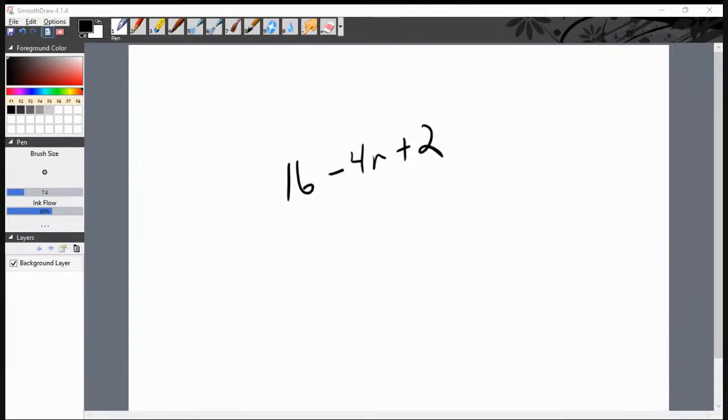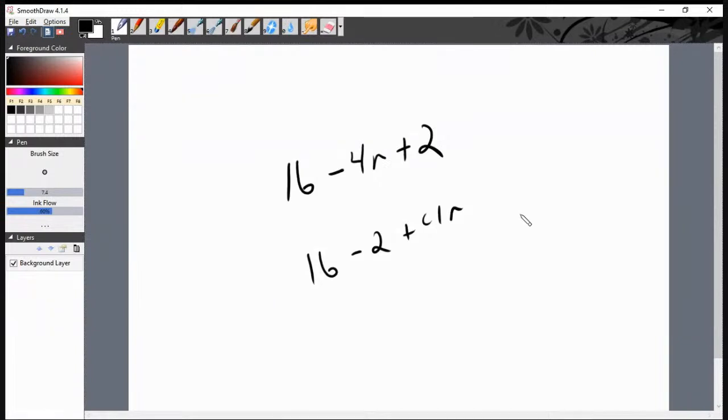So can I rearrange? Can I say 16 minus 2 plus 4r? Now let's look at it.